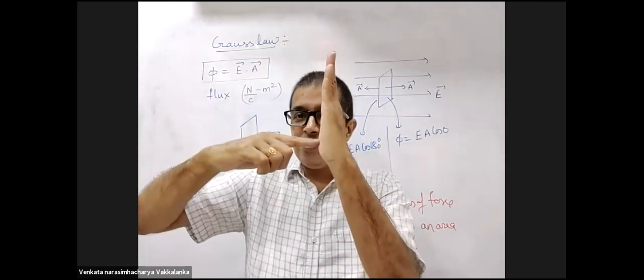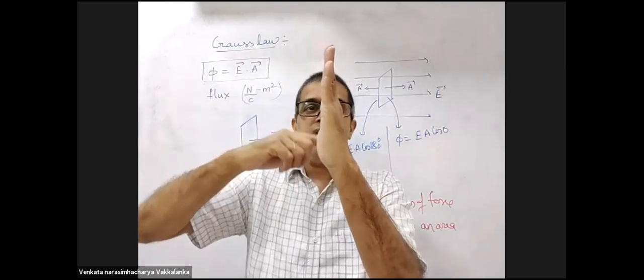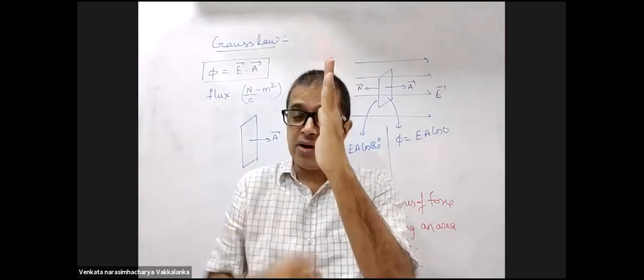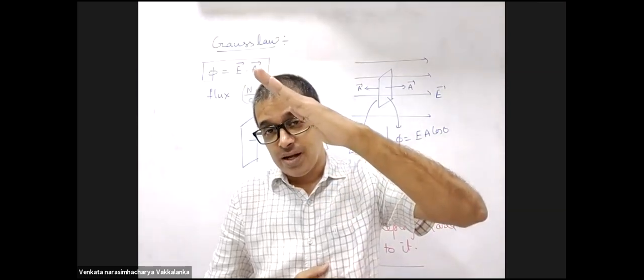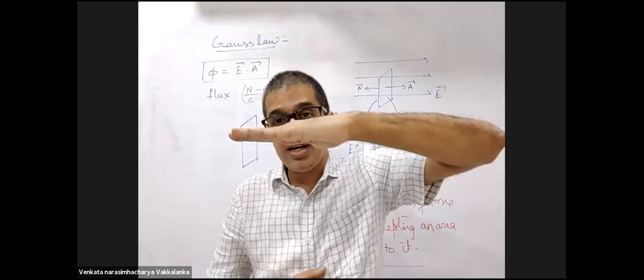If I increase the field, flux will increase. If I increase the area, flux will increase. If I turn the area, flux will decrease. Cos 90 is 0.